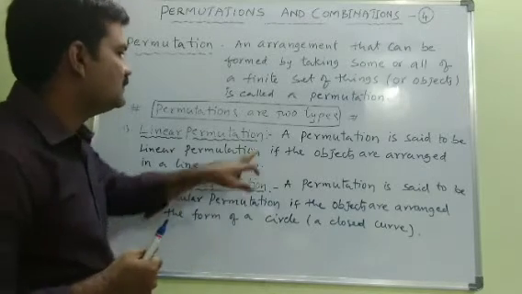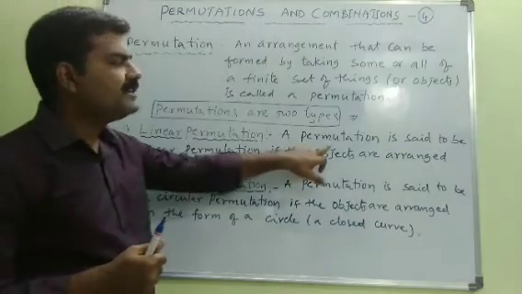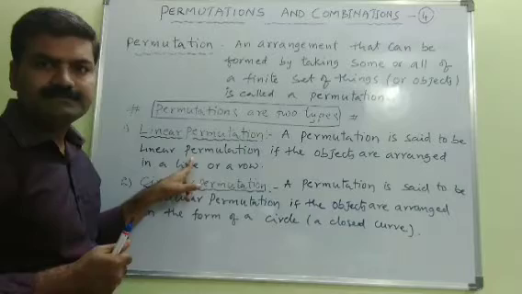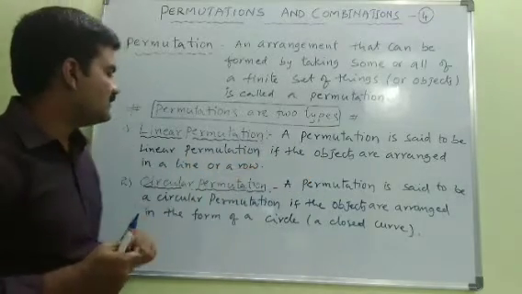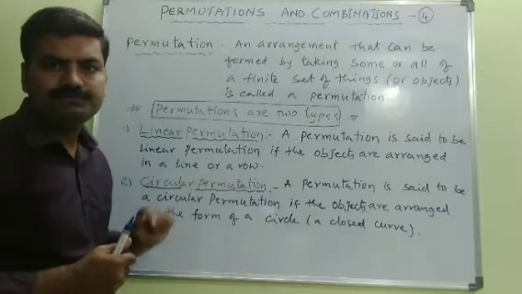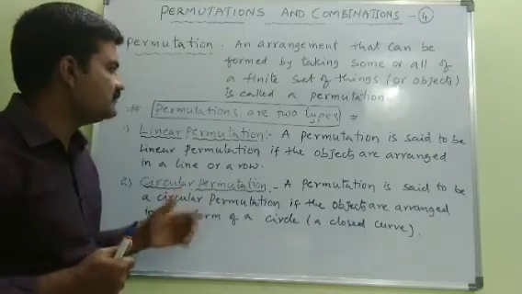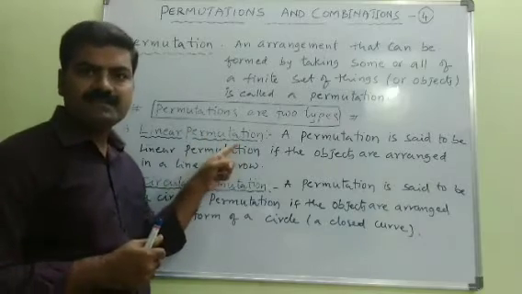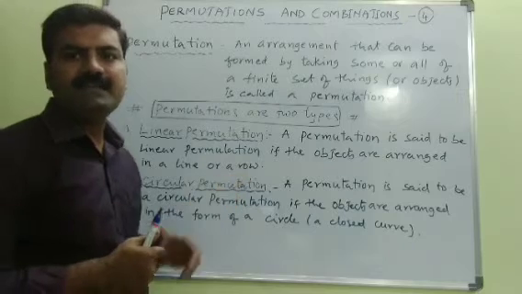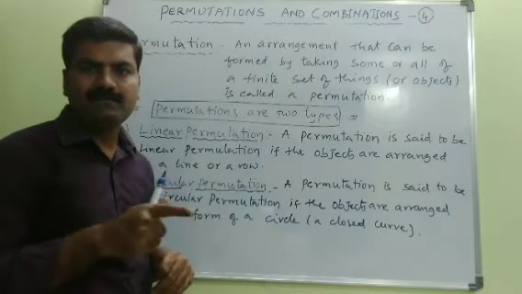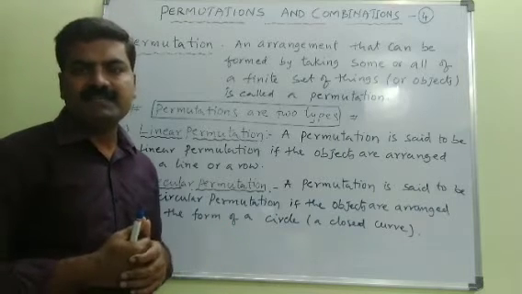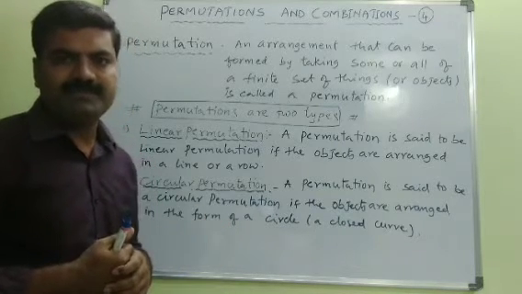A permutation is said to be a linear permutation if the objects are arranged in a line or a row. Line is nothing but a row. Hence, such a permutation is considered a linear permutation.